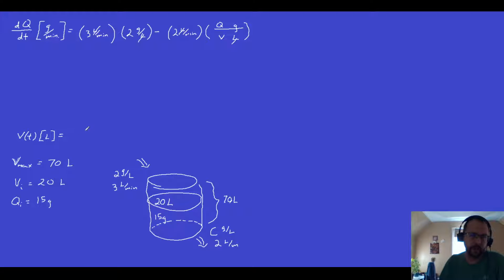So volume is going to be equal to 20 liters as our starting value, plus something times t, most likely. We see that this is going to be linear. The change will be linear, meaning that it will steadily increase over time. And we happen to know that the change will be related to the rate in minus the rate out. So the rate in is 2 grams per liter.